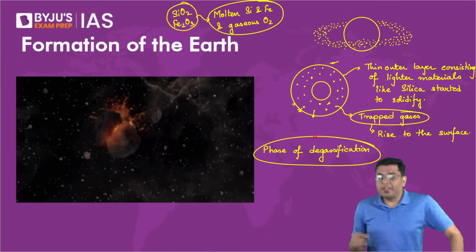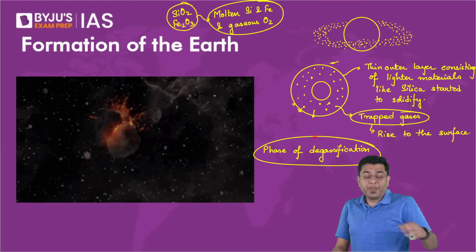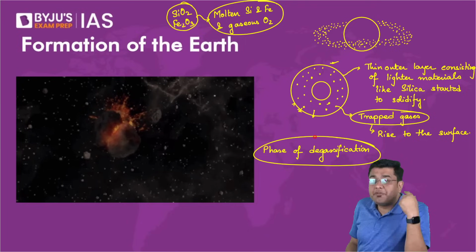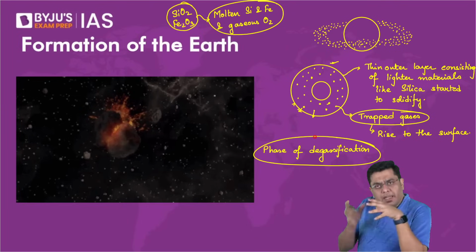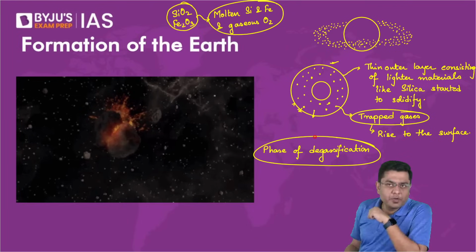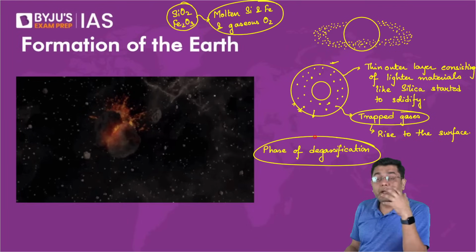When we say the phase of degasification, that is basically the phase where a lot of molten materials, along with the gases, would simply exit the interior of the planet. That would bring about a huge amount of volcanic eruptions.